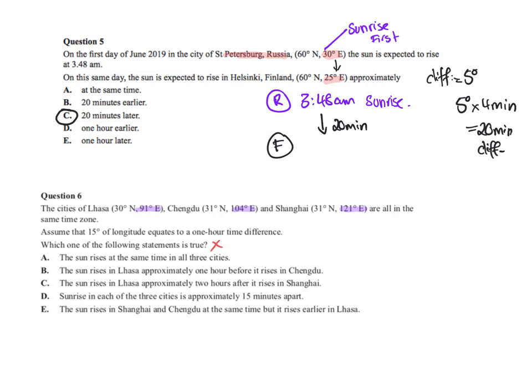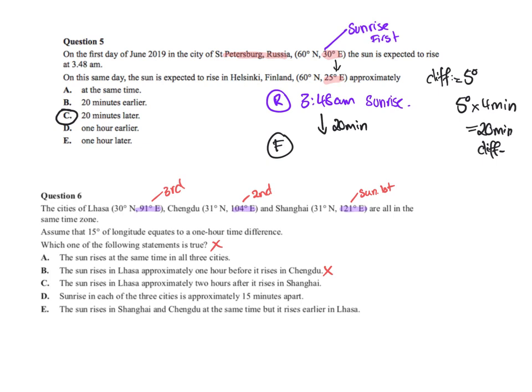So if we look at sun rising, we can see that the bigger east, so this is sunrise, this would be first, this would be second, and this would be third. So they said Lhasa is approximately 1 hour before Chengdu, so that would say it was ahead of it. So that is not correct.